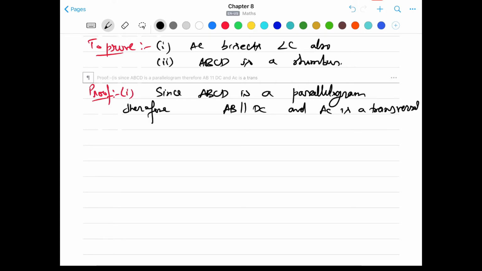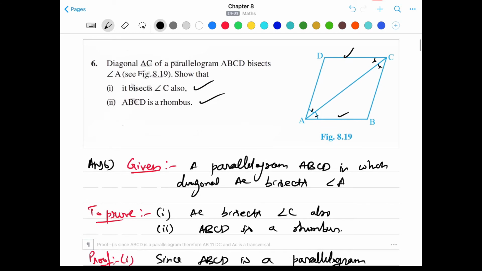We know that when a transversal intersects two parallel lines, it will make two pairs of alternate interior angles.